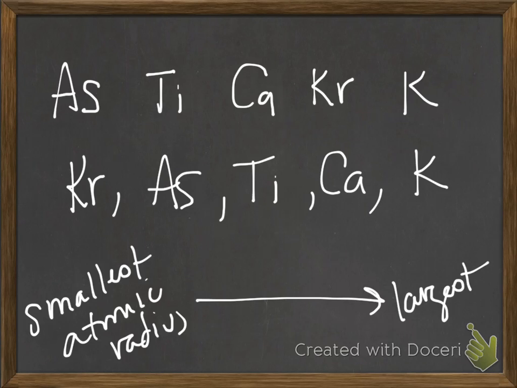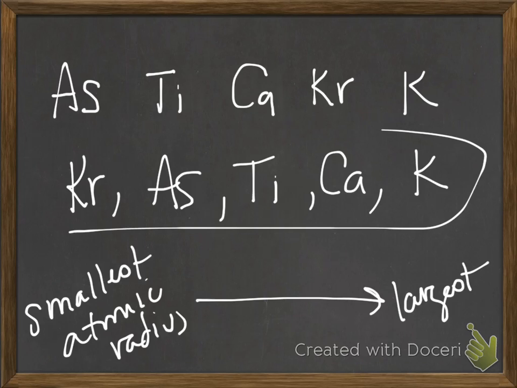Okay, so you've got this. This is pretty easy. You figured out that you just go backwards. So your smallest atomic radius in any given period is going to be in group what? 18. Your largest atomic radius in any given period is going to be? 1. Yeah, group 1. This is easy. Good.